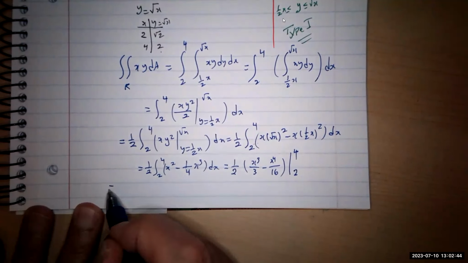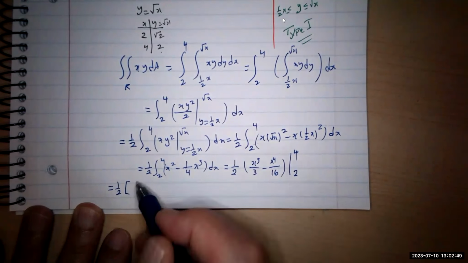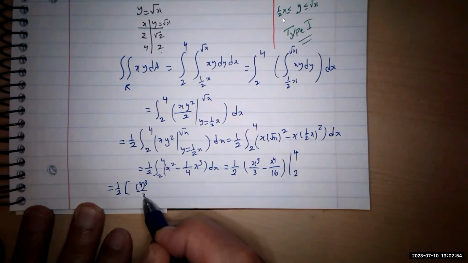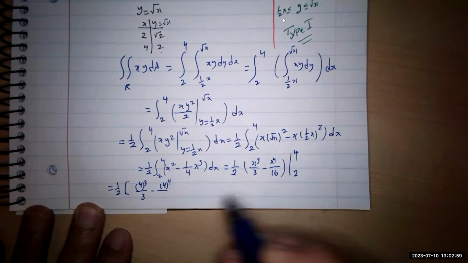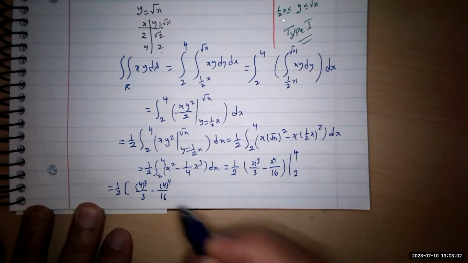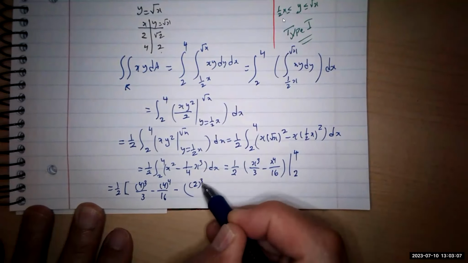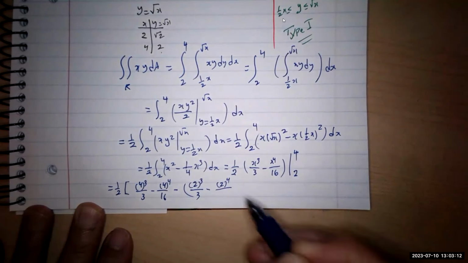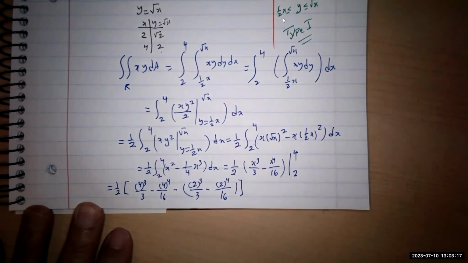So I put the 1/2 here, put the bracket, and put the 4 first: 4 cubed over 3 minus 4 to the 4th over 16, minus, if you put the 2, 2 cubed over 3 minus 2 to the 4th over 16. So that gives you the result that you are going to have.